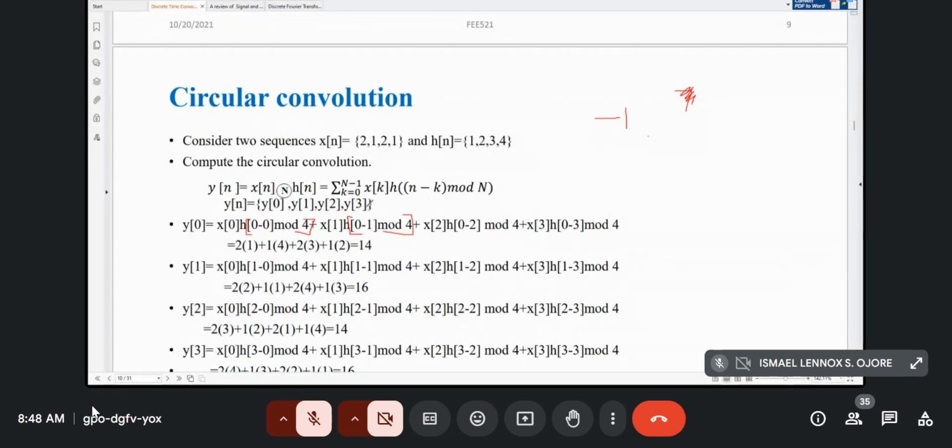How did we get this? Let's see. Mod 4, the number we are looking at is 4, so it is 3. Well, it is 3. I'm trying to find out how to work it out.